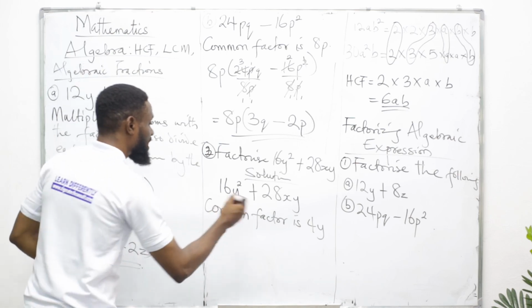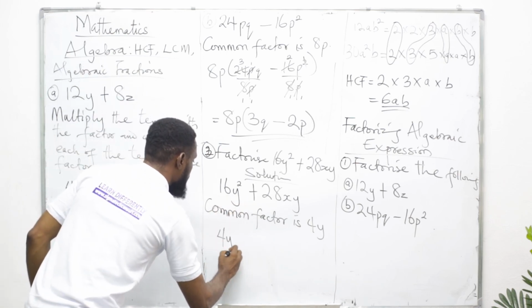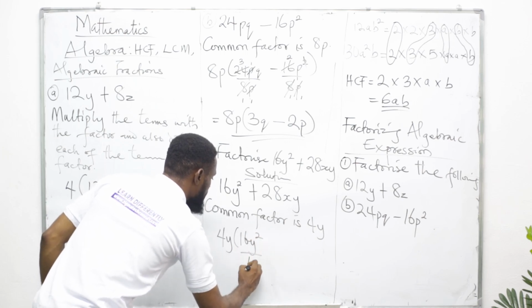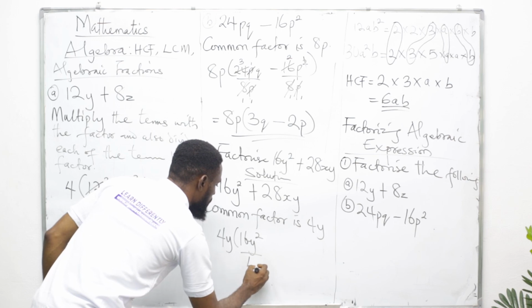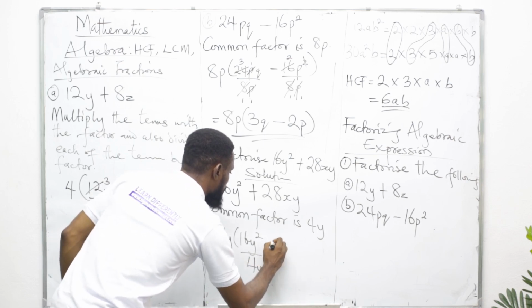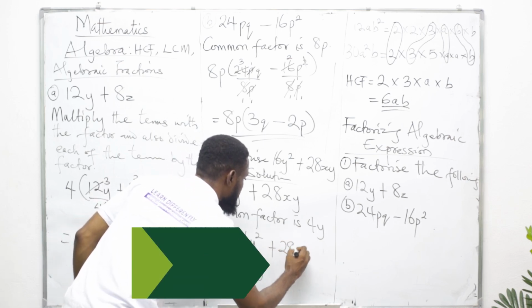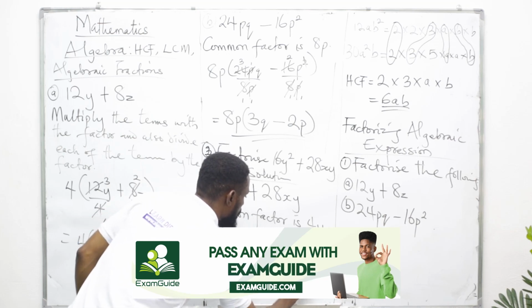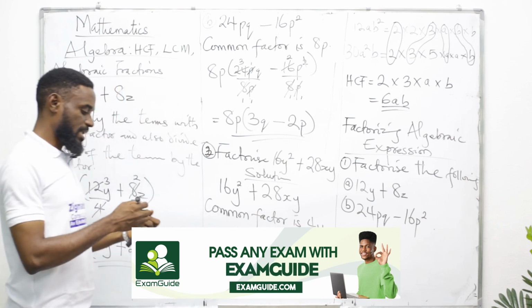Do you get that? So what that means is we take 16y squared divided by 4y, plus 28xy all over 4y. You get that now?